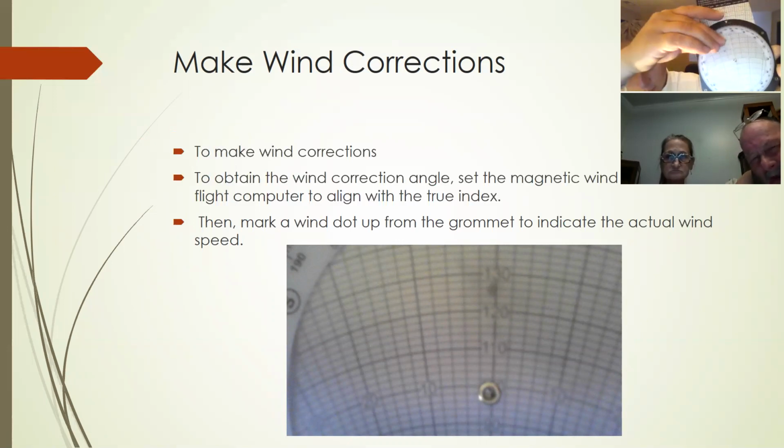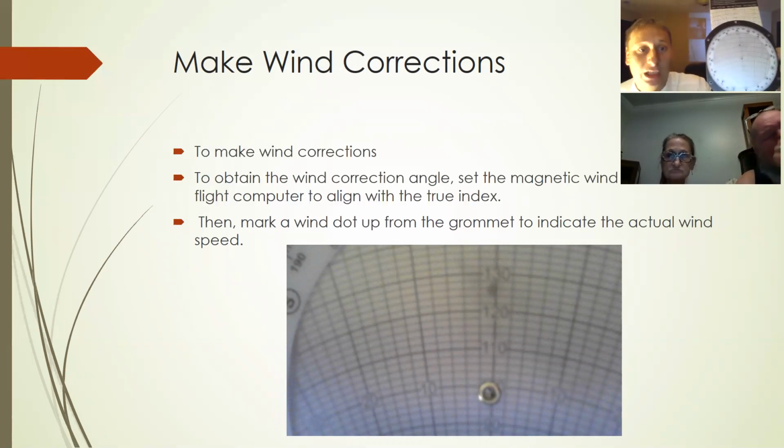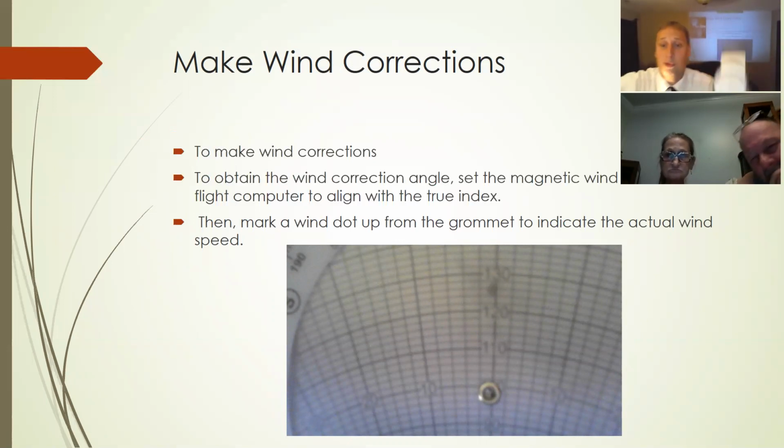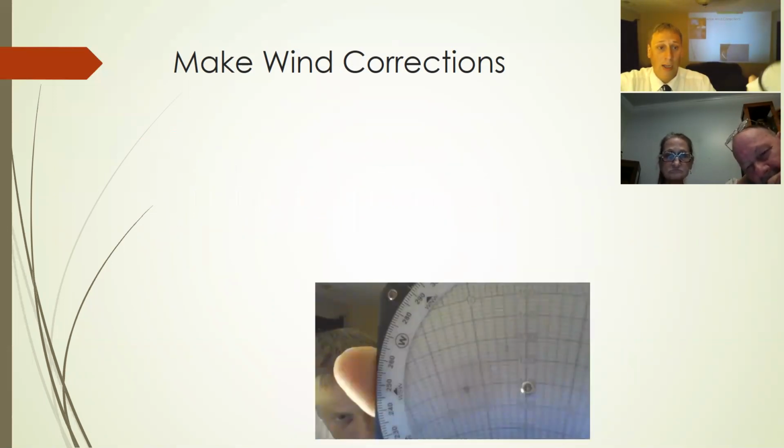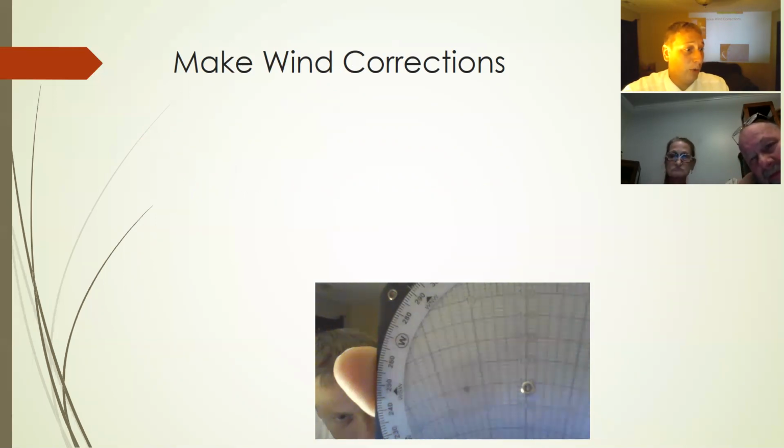You can see it's 27 knots. So we've set the grommet at 100 and marked up 27 knots. Then we will set the magnetic course under the true index. So our magnetic course was 342 degrees.